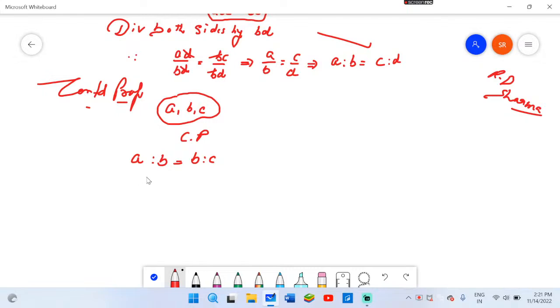So here I can write A by B is equal to B by C, which is the same as B square is equal to AC.